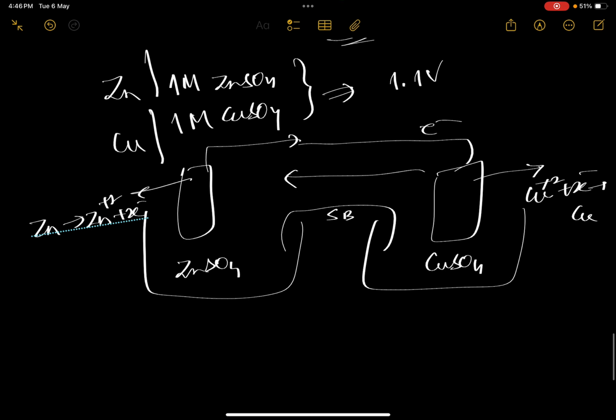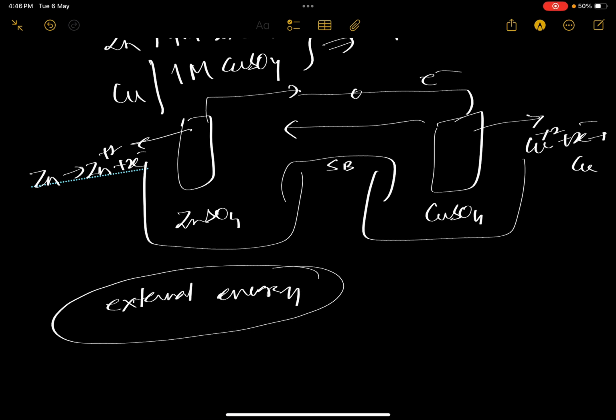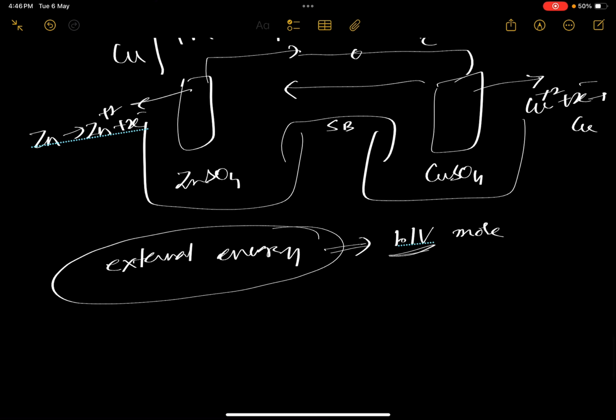Perfect. Now let us see, here an ammeter will be there. If we connect this to an external electrical energy source, and say in this case 1.1 volts is coming, we will be getting that energy. But if you have external energy more than 1.1 volts, then what happens?